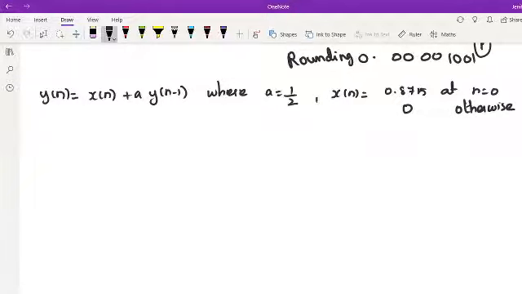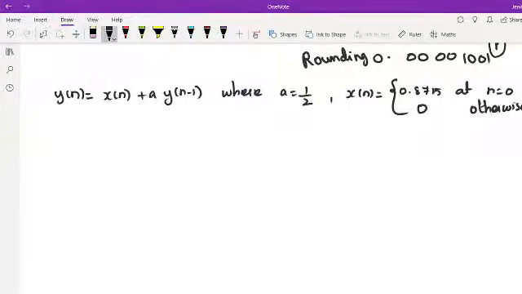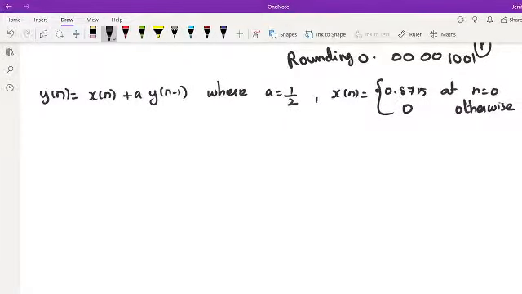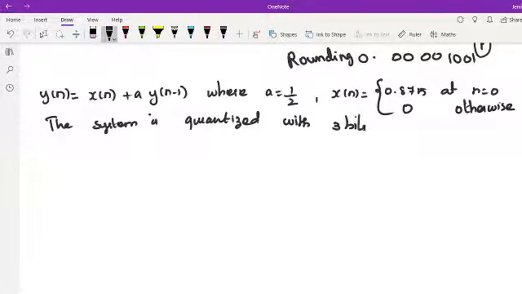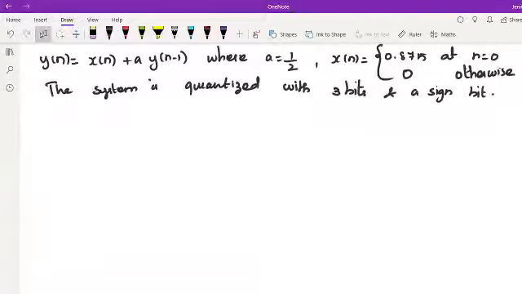So except n is equal to 0, everywhere else the input is 0. The system is quantized with 3 bits and a sign bit. Determine the limit cycle value.